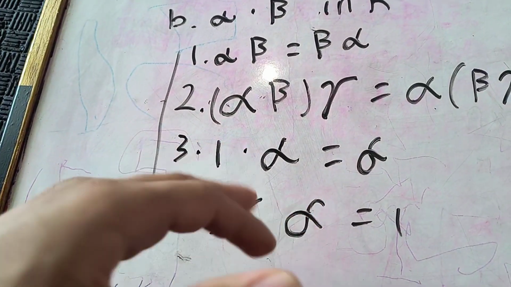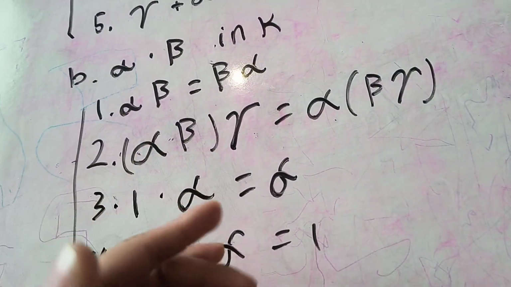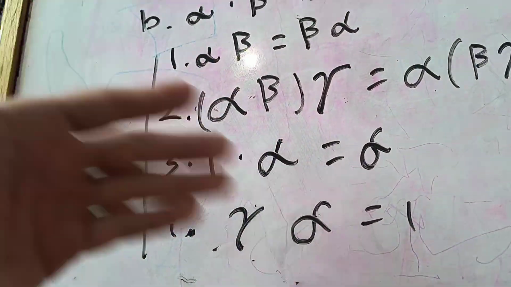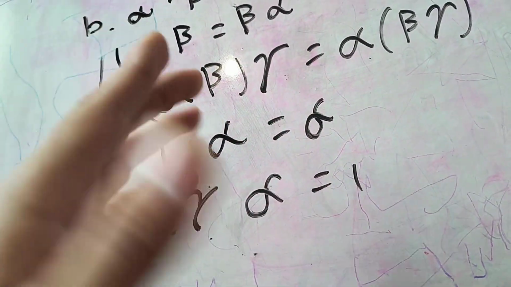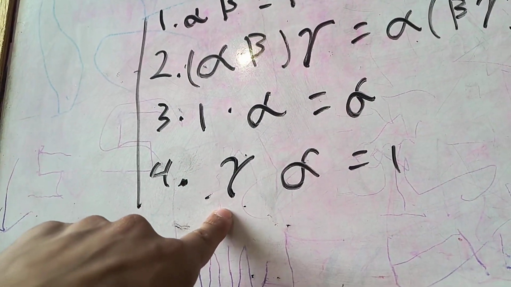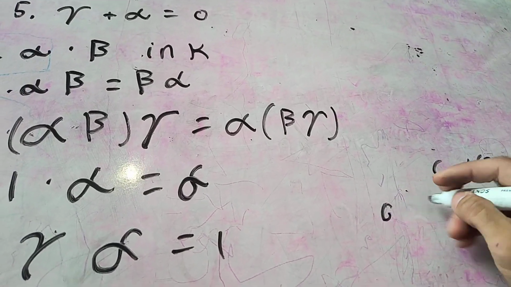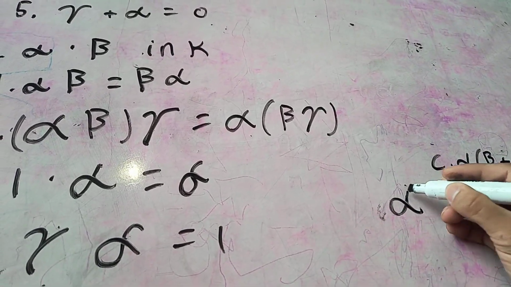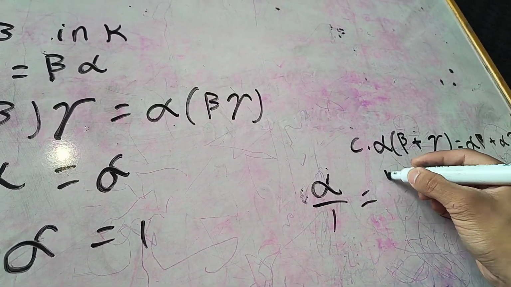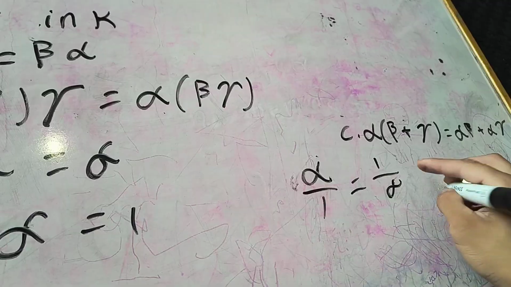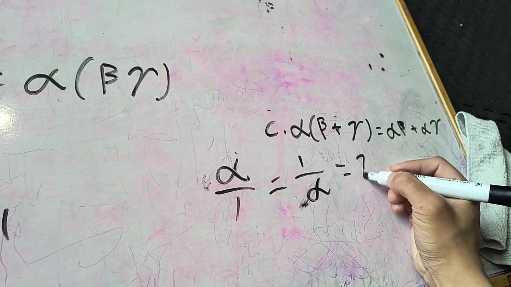The next one is that there exists a 1 inside the number field such that 1 times alpha is equal to alpha. Next is that gamma times alpha is equal to 1, meaning there's a reciprocal of alpha, 1 over alpha, which is gamma in this case.